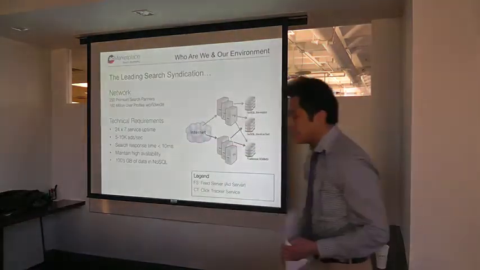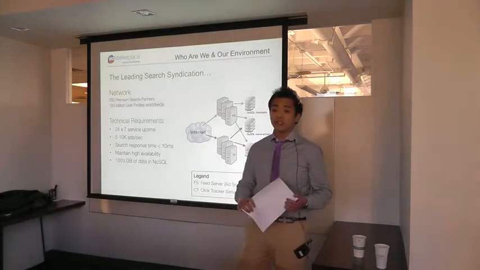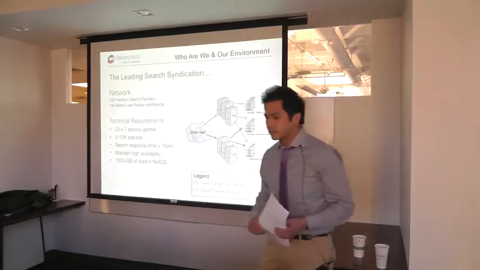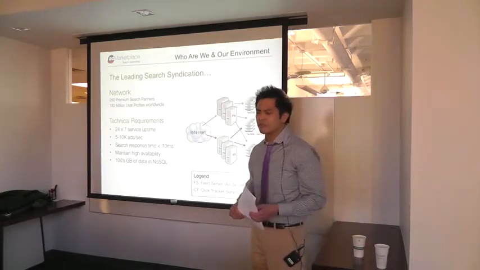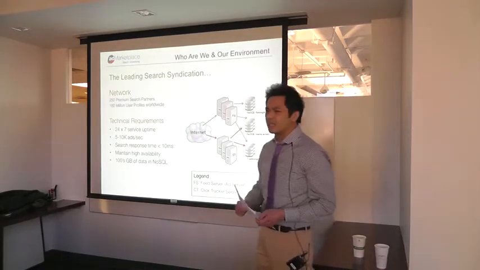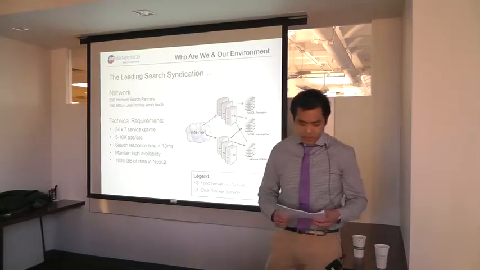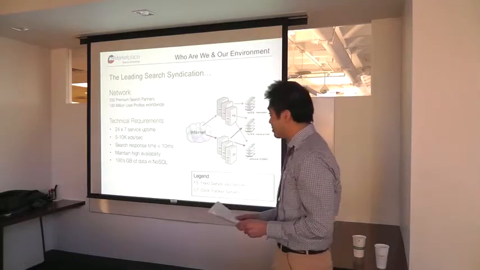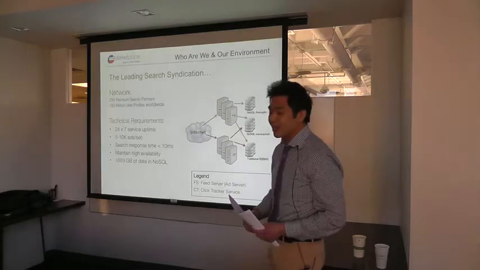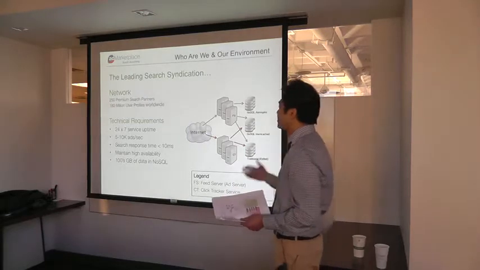So who are we? We are adMarketplace. We are the leading search syndication. We are the biggest search engine outside of Yahoo, Bing and Google. We have about 250 major advertisers, clients, and about 100 million user profiles. Our systems are very highly available, 24/7.